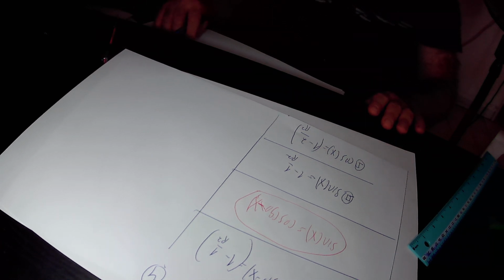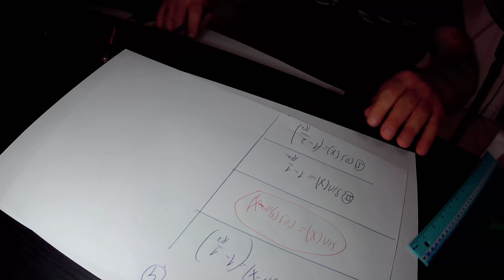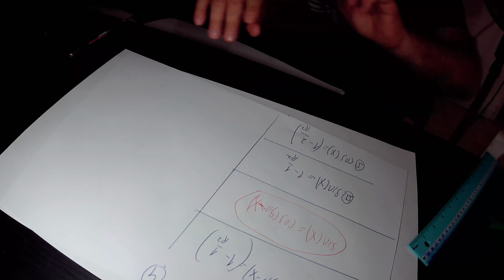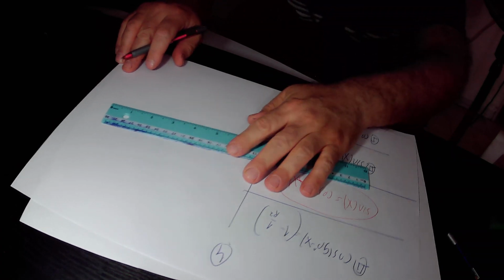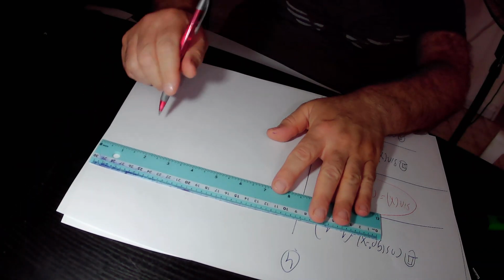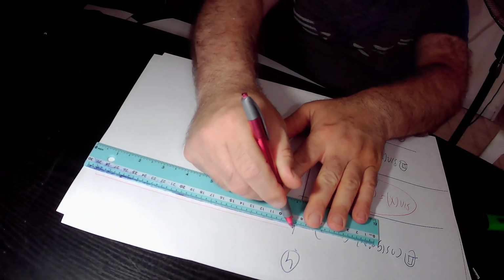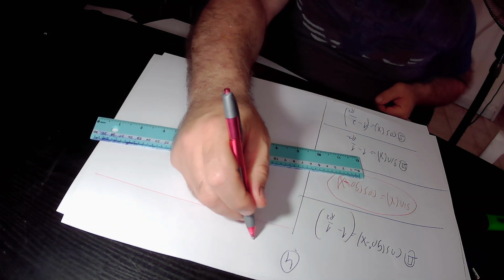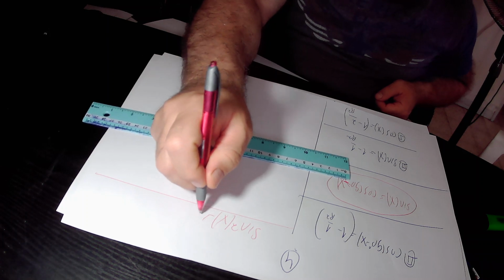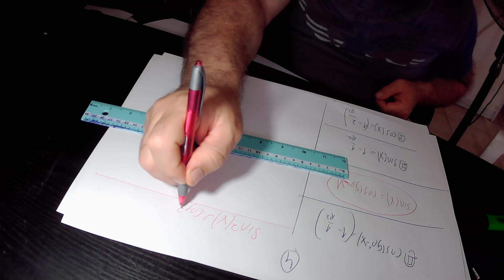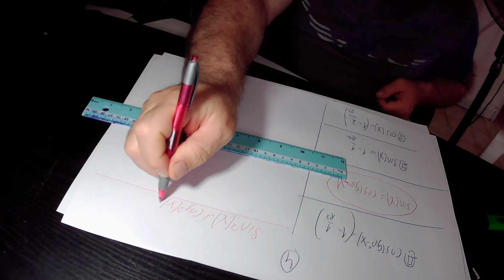In the next step, we use the following trigonometric identity, which states that sine squared x plus cosine squared x equals 1.